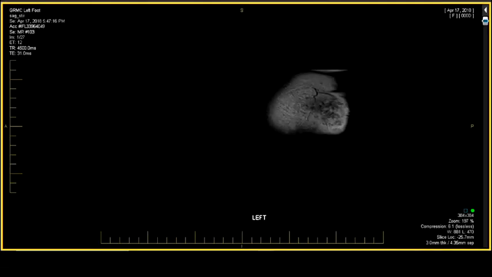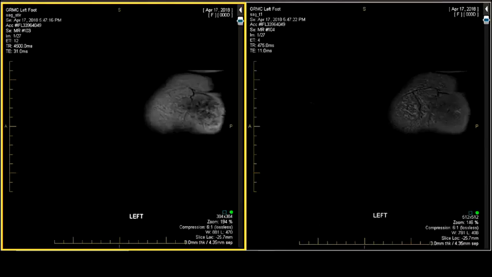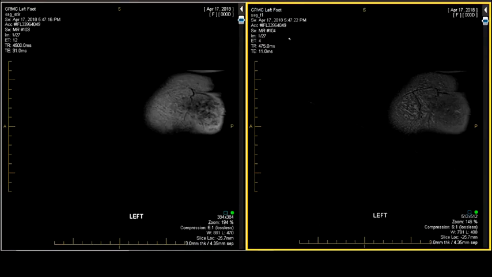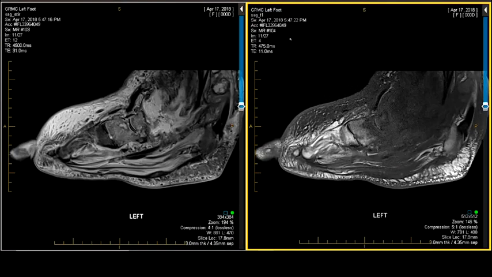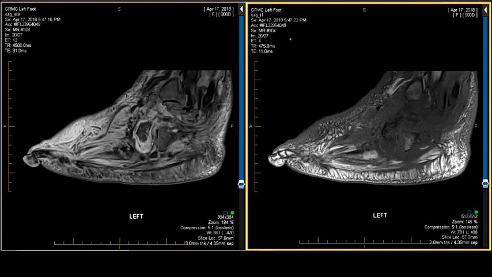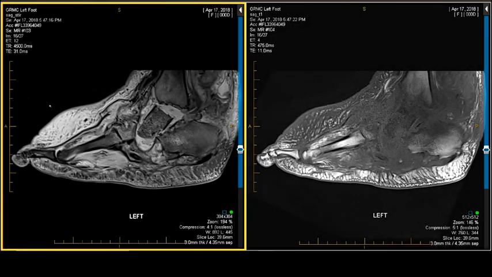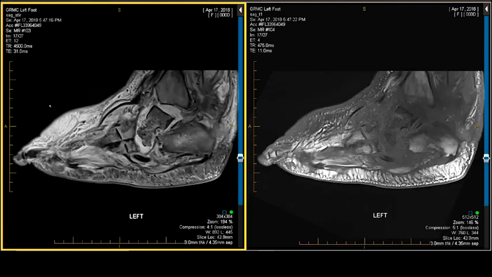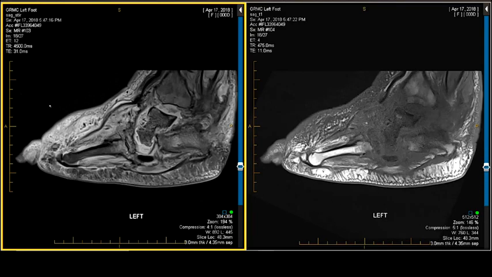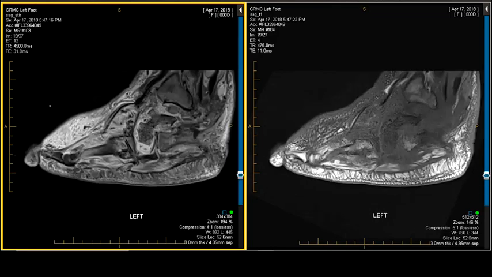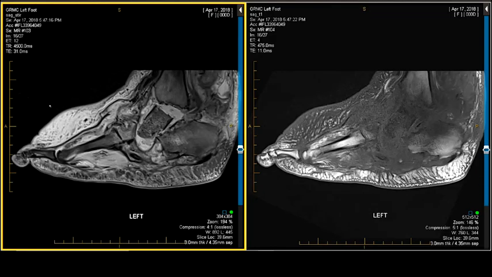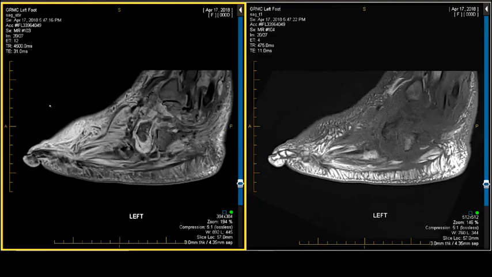48-year-old with left foot pain and swelling. You're not kidding. Okay, there's a point here. I mean, what do you do with a case like this? Close the case.